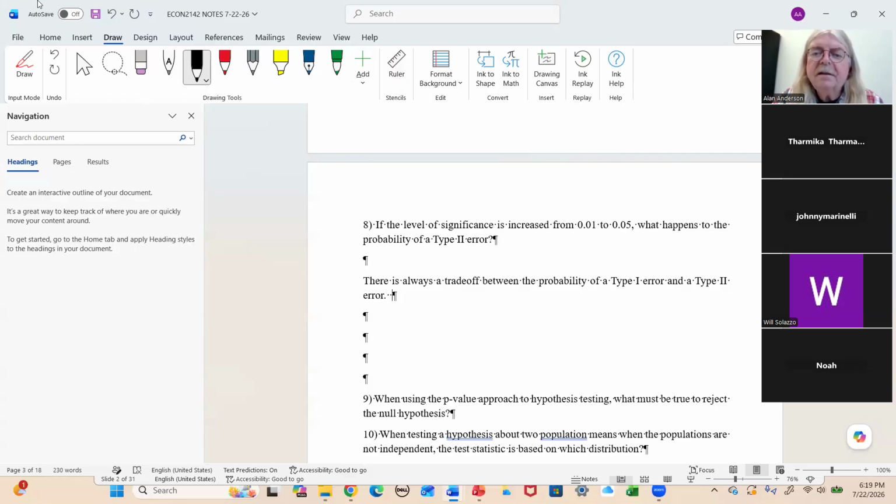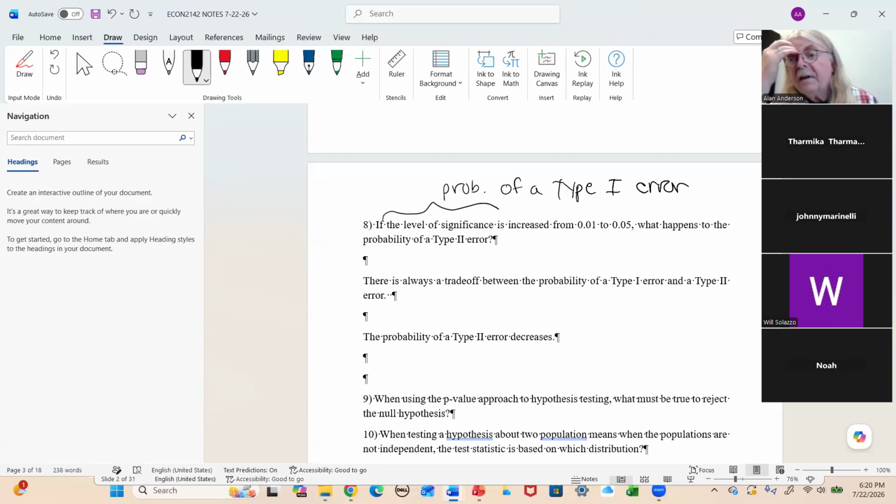So that being the case, remember the level of significance is the probability of a type 1 error. Therefore, if that goes up, the probability of a type 2 error has to go down. So the probability of a type 2 error decreases. So if one goes up, the other has to go down, and vice versa.